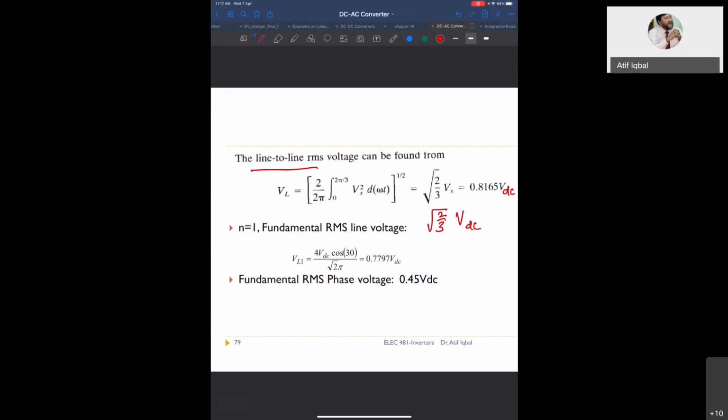And fundamental line RMS value is 0.7797 VDC. And fundamental RMS phase voltage is given by 0.45 VDC, fundamental RMS.